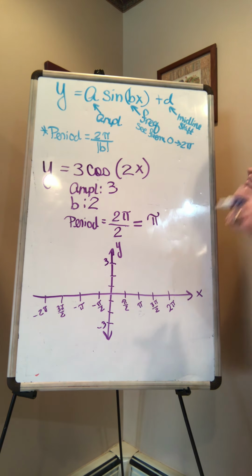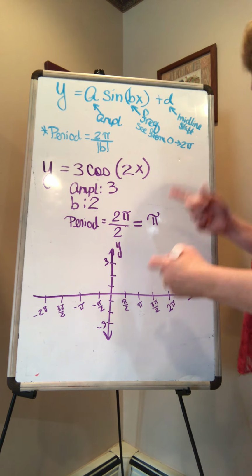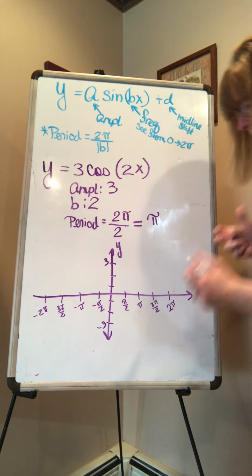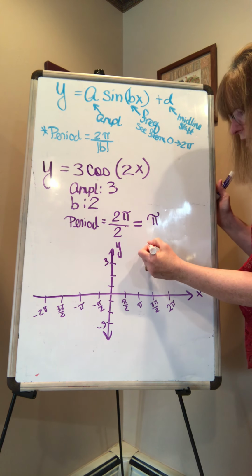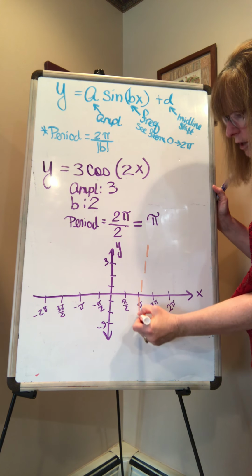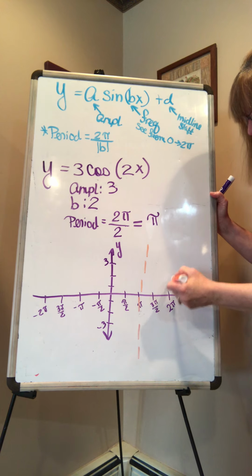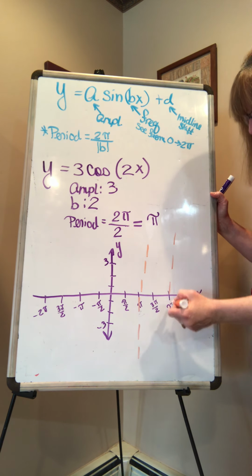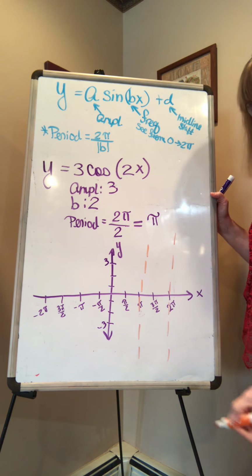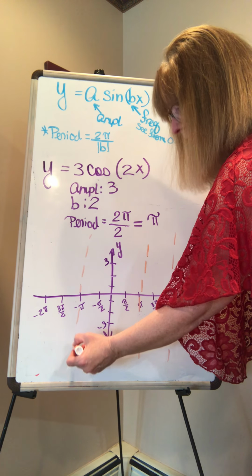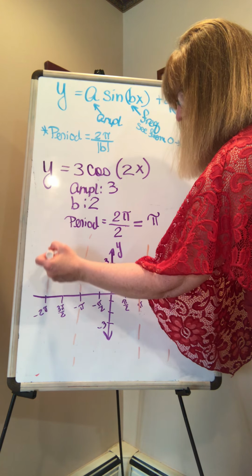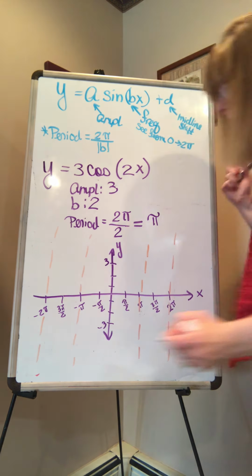And let's follow along with what's happening. Between 0 and pi, and again, I'll use a lighter color, we are going to have a full curve, and between pi and 2 pi, a full cosine. The same then is going to happen between 0 and negative pi, and between negative pi and negative 2 pi.